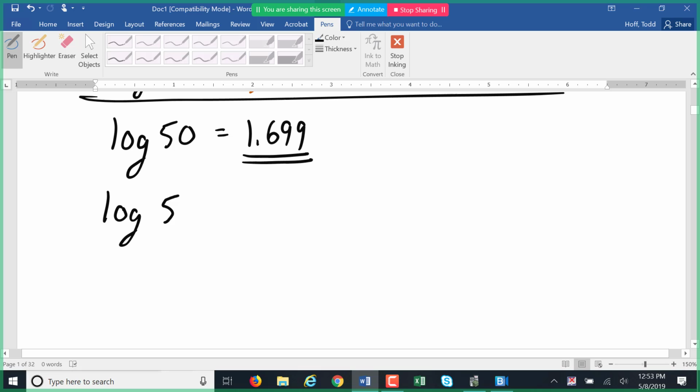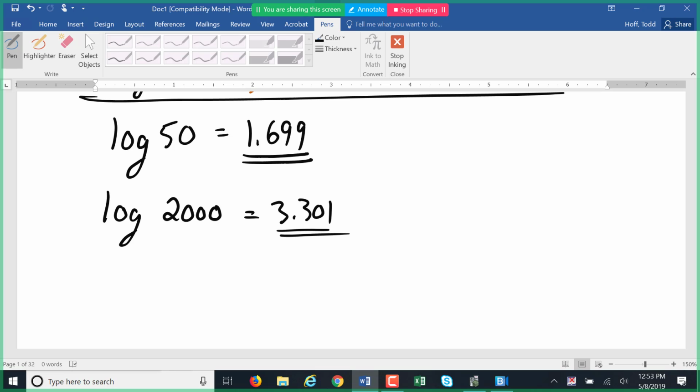Log base 10 of 2,000. What do we get? 3.301.